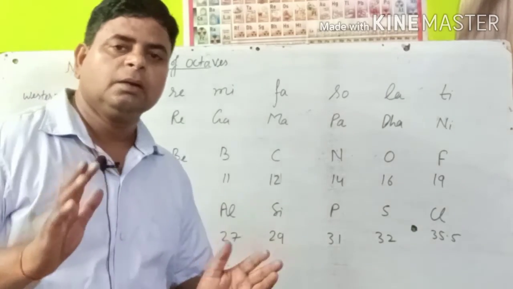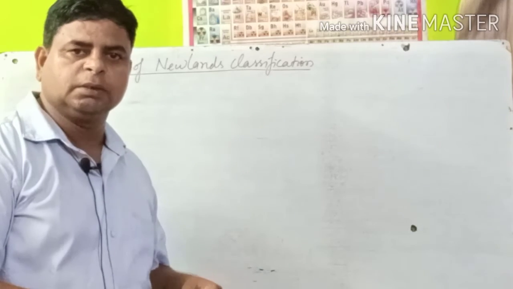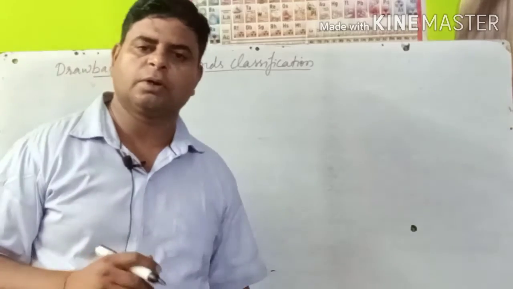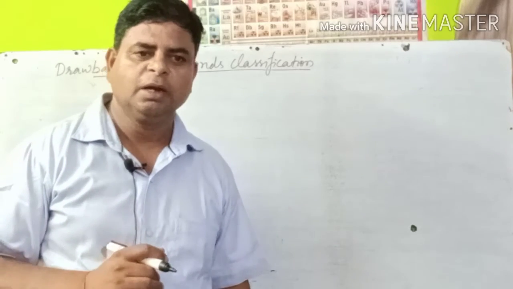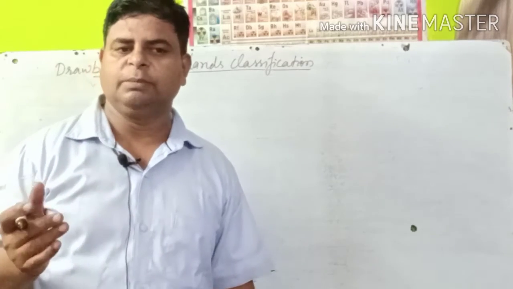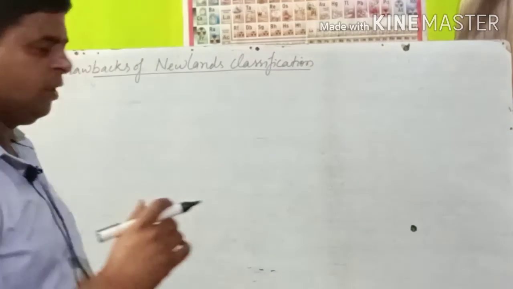But here the drawbacks of this classification are that the system worked quite well for the lighter elements only, up to calcium, and it failed in the case of heavier elements, for example manganese placed along with nitrogen.